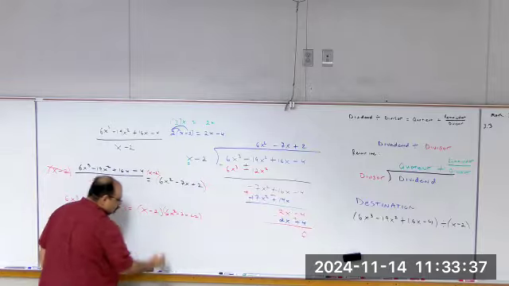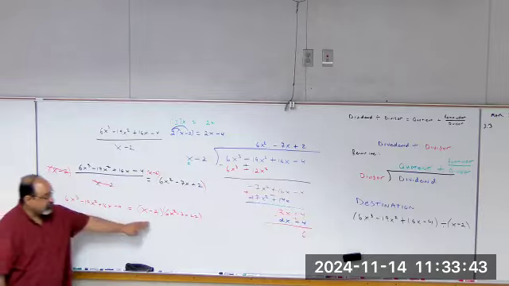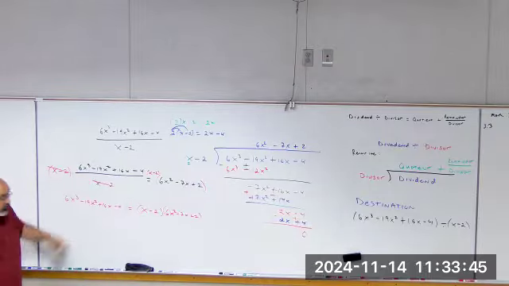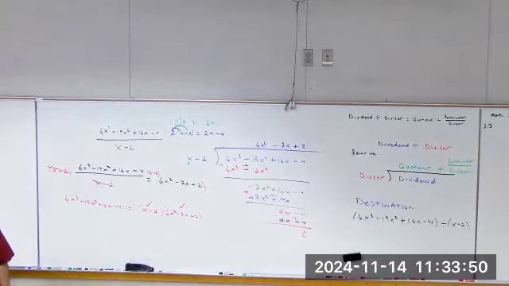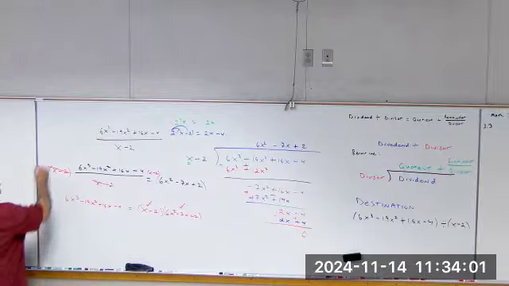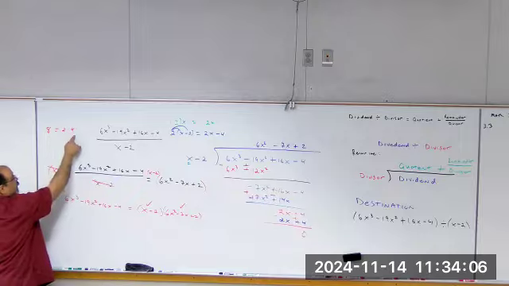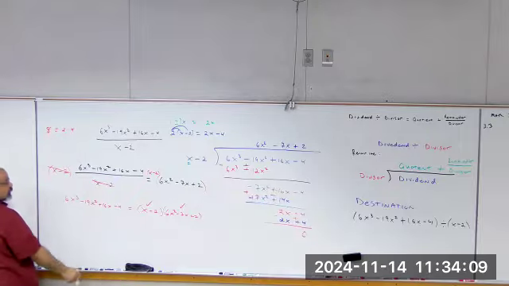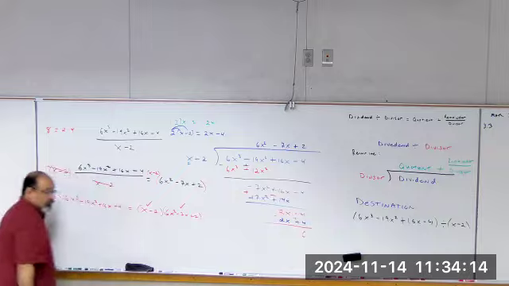Not only is x minus 2 a factor, but because these two multiply together and equal this, 6x squared minus 7x plus 2 is also a factor. Since they multiply together and equal this, they're both factors of this. Since 8 is equal to 2 times 4, both the 2 and the 4 are factors of 8. So since these two multiply together to equal this, these two are both factors of this.